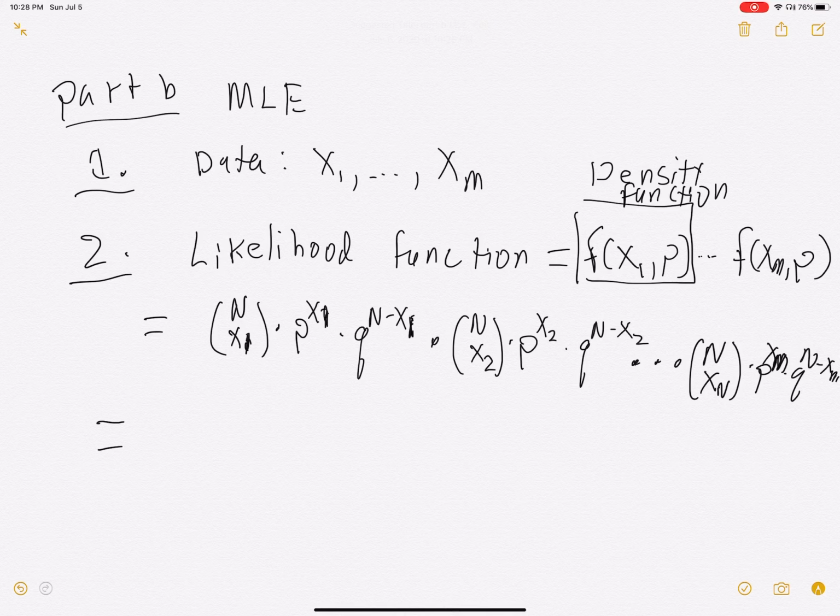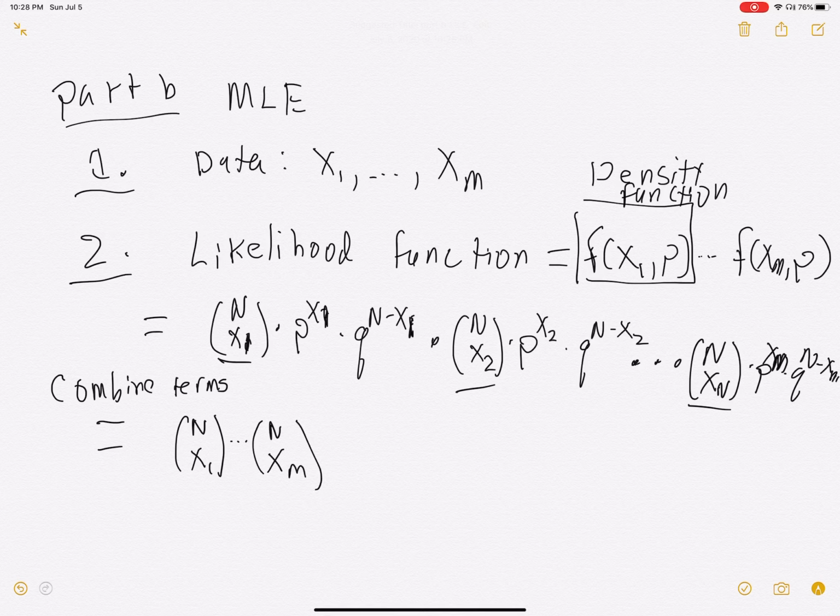Now we're going to combine terms. The first term that we're going to have is n choose x1, and we're going to have a bunch of these combination terms. I'm just going to write it as the first and the last.